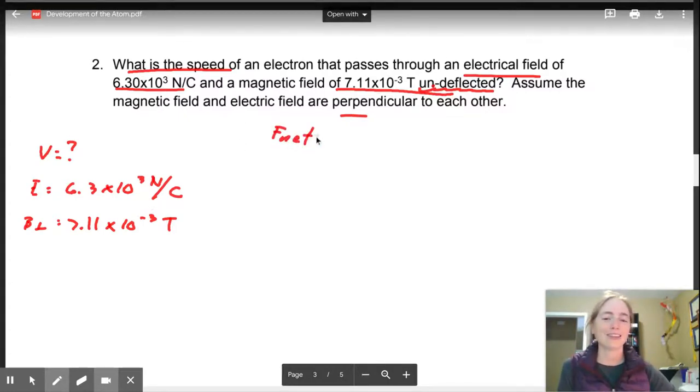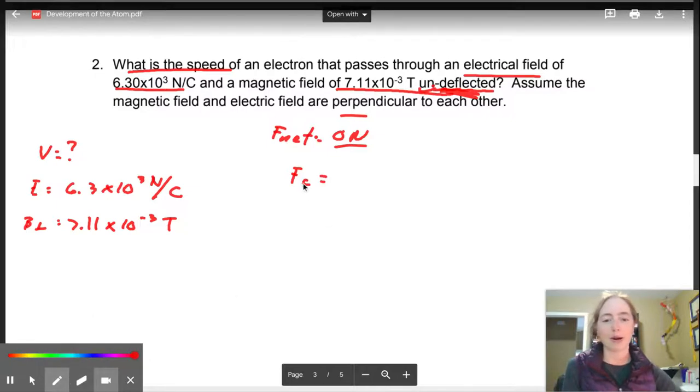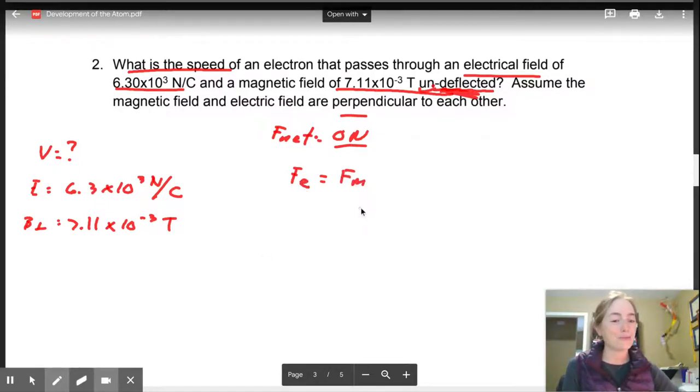So with your F-net, remember, it's 0 because of the word undeflected. Because of that, we have our FE, beg pardon, that should be an FE. FE is equal to FM.